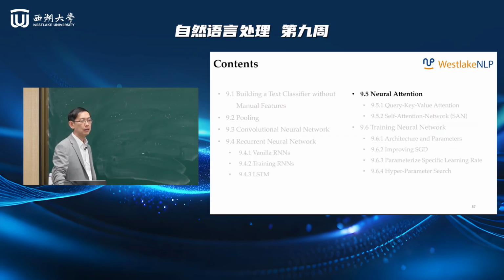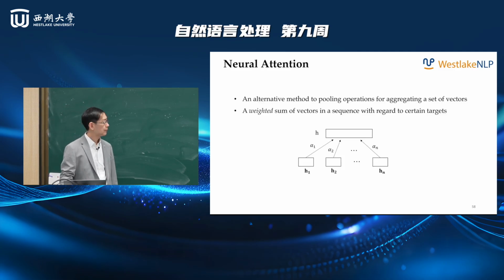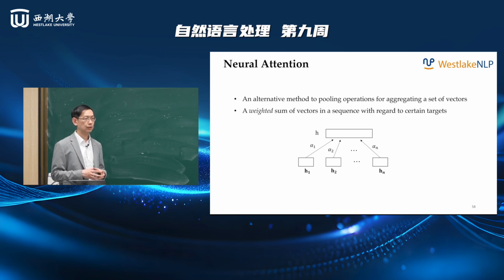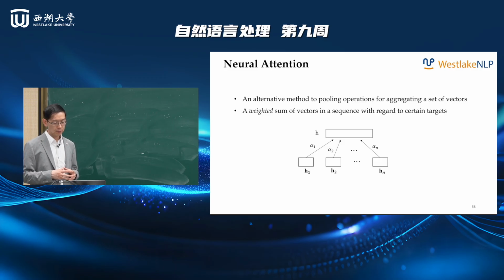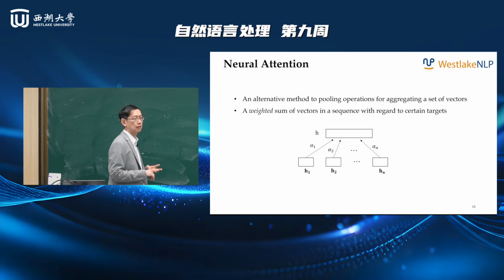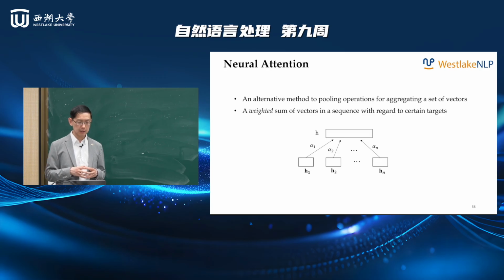The last neural network structure for a sequence encoder is attention. So what is attention? Attention is a variant of pooling for aggregating a sequence of vectors. Pooling takes the sum, the average, or the max for aggregation. But attention takes a weighted sum for aggregation.